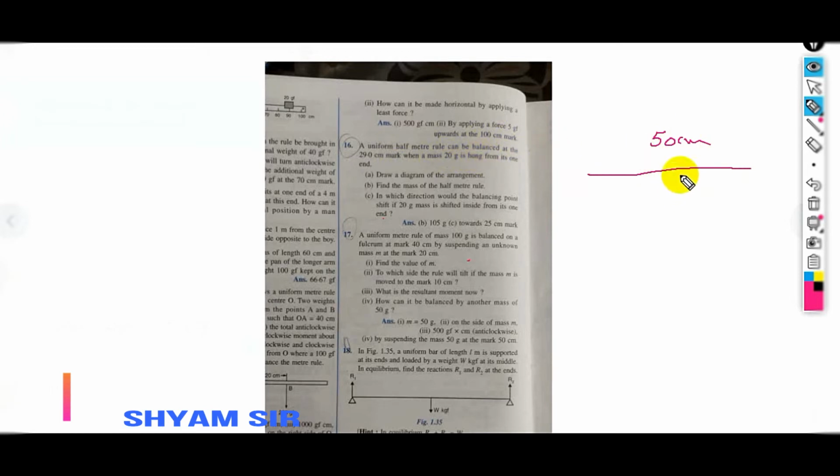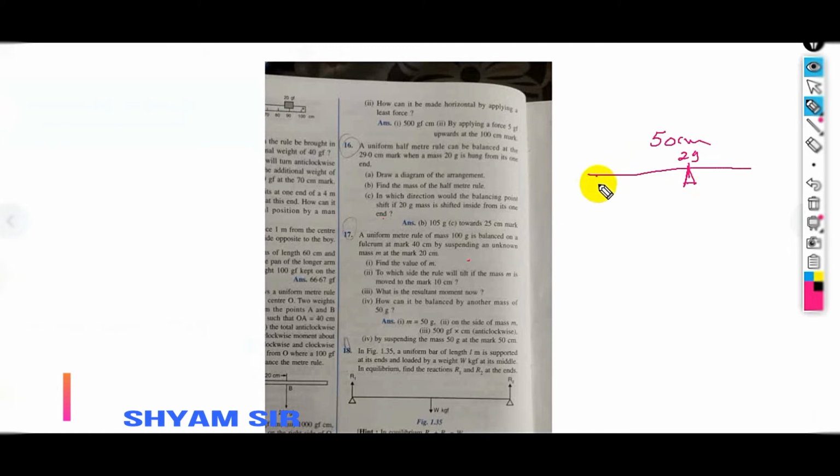So the midpoint would be 25, but it is not balanced at this point, so we will ignore it. It is measured at 29 centimeter balanced.